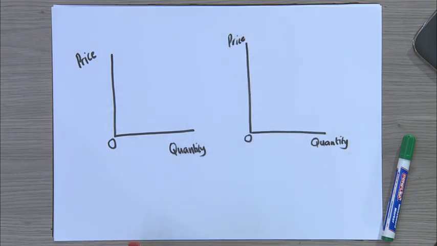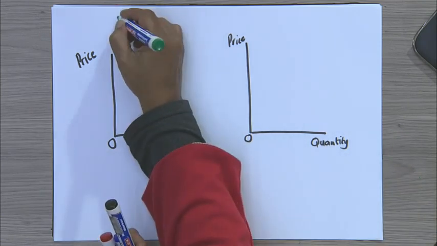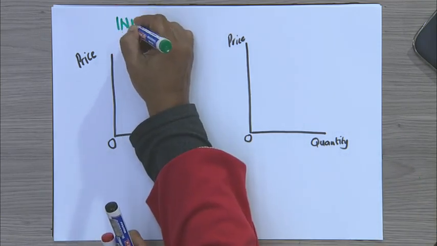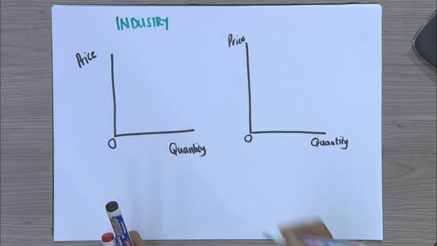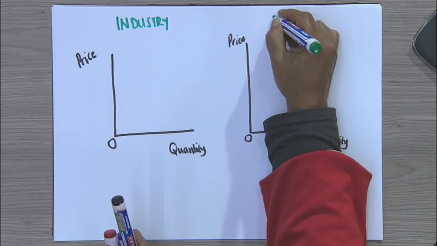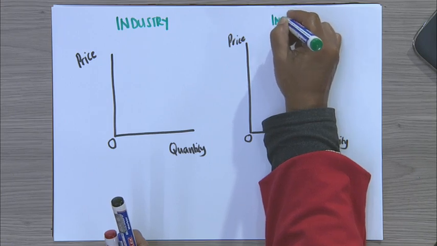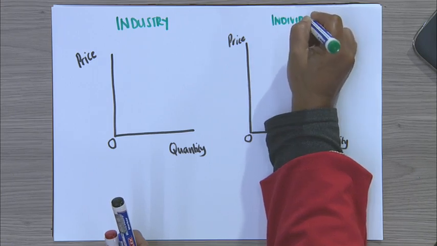And please do not forget to label your graphs, right? So this one here would represent the industry, and this one here would be the individual business.